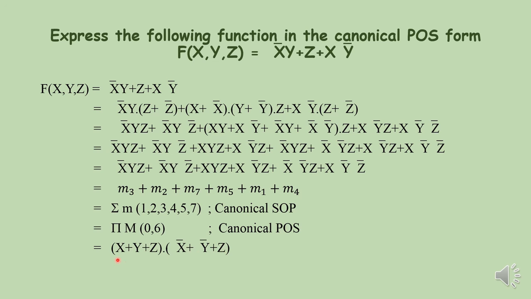So this is a POS form, which is a canonical POS form, and this is the decimal notation of canonical POS form. This is the decimal notation of canonical SOP form, and this is the expression of canonical SOP form. So in this way we can easily convert a non-canonical SOP to canonical POS form.